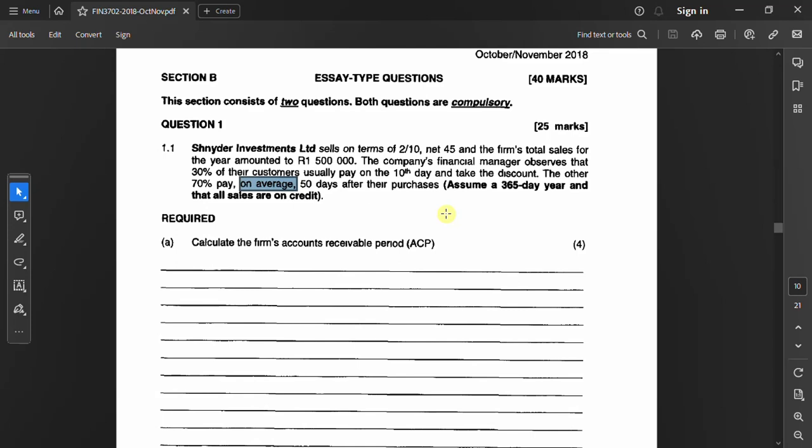I'm multiplying it by 2, let's just check this, because of the 2% discount, 2 divided by 10, because of this, it's the 10th day. Let me just see here.